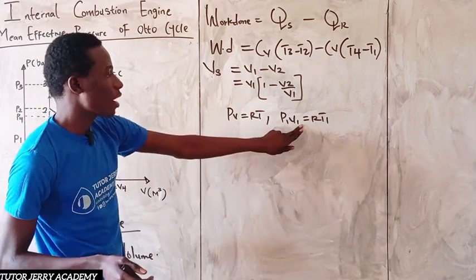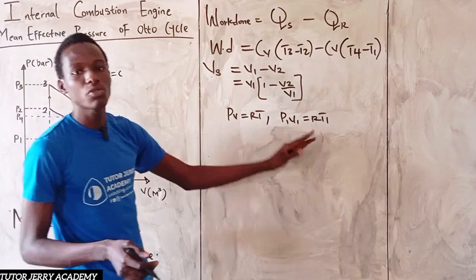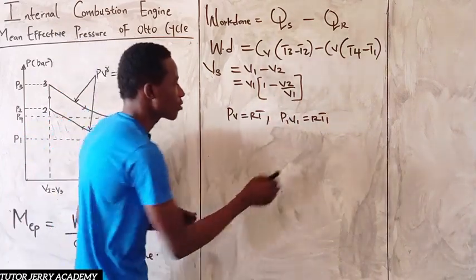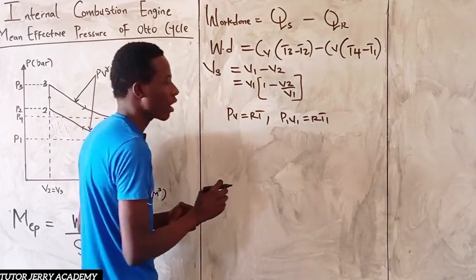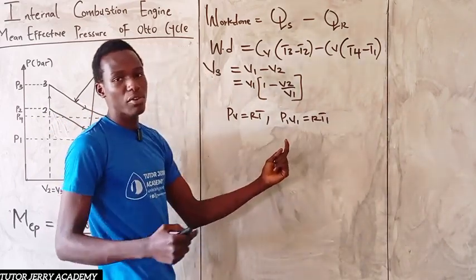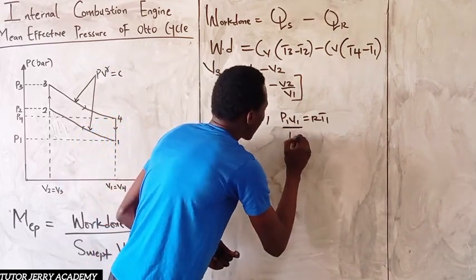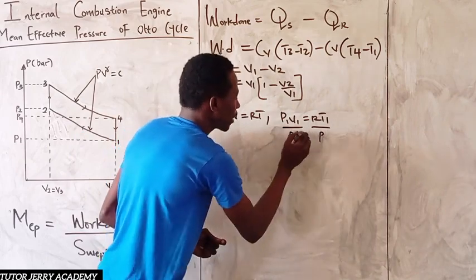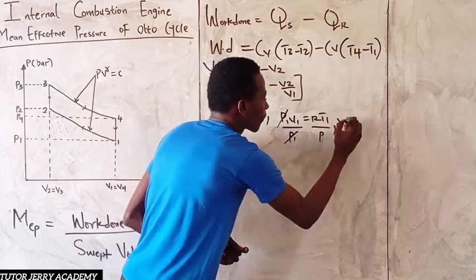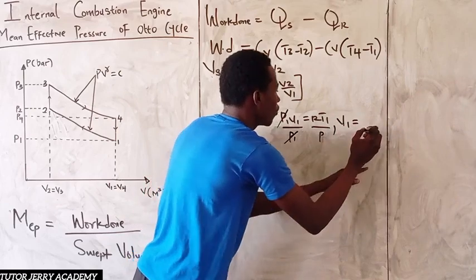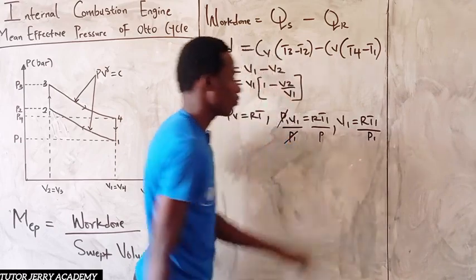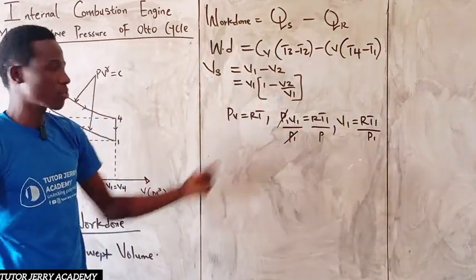Now, I can make V1 the subject of the formula here in order to impute its value into this equation. So I'm going to be dividing both sides by its coefficient. If I divide this by P1, divide this by P1, you realize that V1 will be equal to RT1 all over P1. So I hope you get what I just did there.